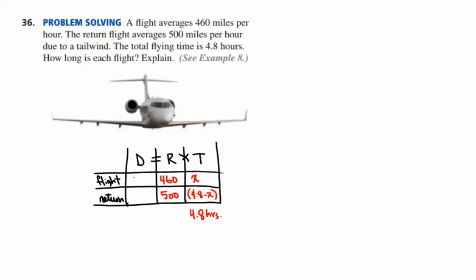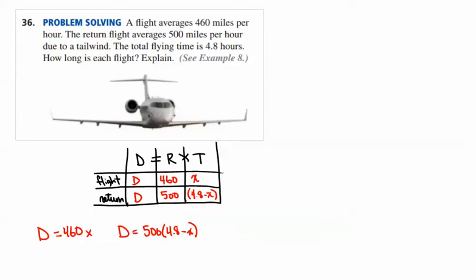Now we do know that the distances flown are the same, and so at this point we can make our two equations. D is equal to 460x. Our second equation then is D is equal to 500 times the quantity 4.8 minus x. I don't want to get that 4.8 above confused with this, so I'm going to take it out of the way.